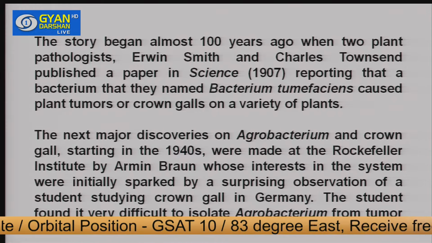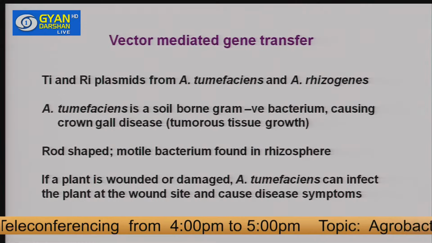So they identified that this particular bacterium, Agrobacterium tumefaciens, is causing some abnormality in the plant. It is causing crown gall tumorigenesis. So people went on searching what is the reason for this, and what are the unique characteristics of this particular bacterium.